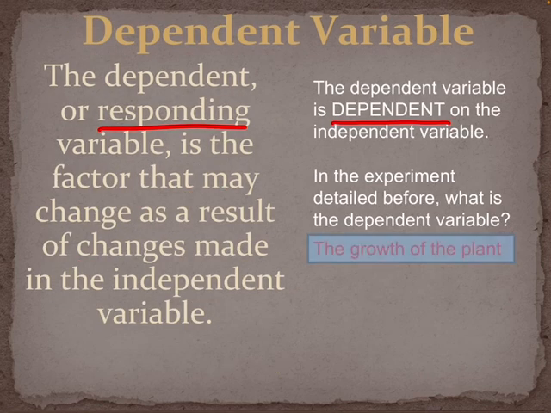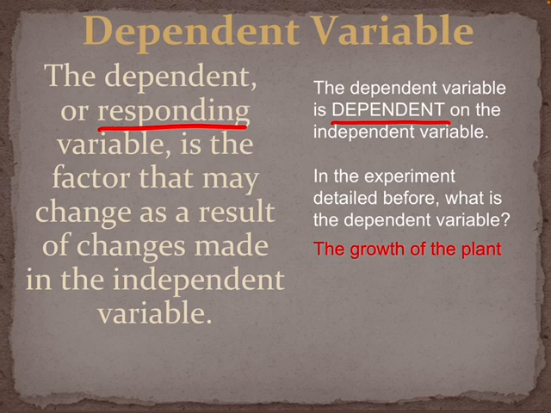Hopefully you said the growth of the plant. That's what we're testing, right? The plant growth depends on the color of the bulb, which is the independent variable. So in an experiment, the thing that is actually being measured, okay?